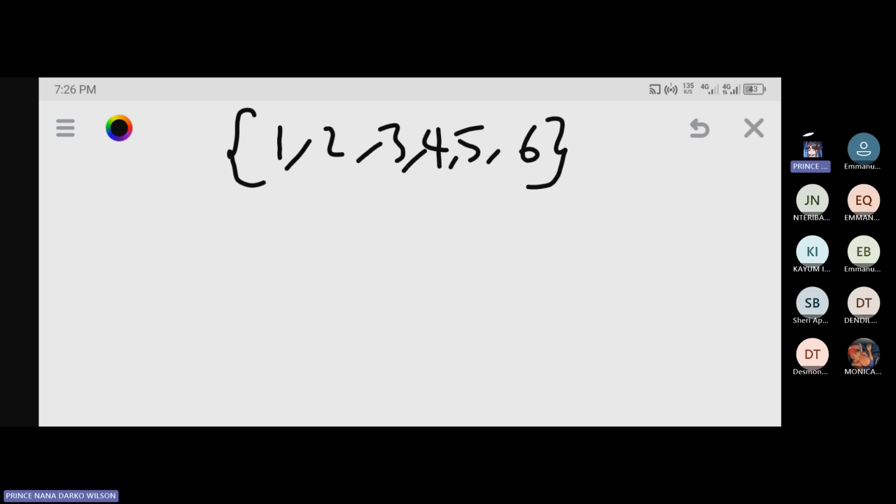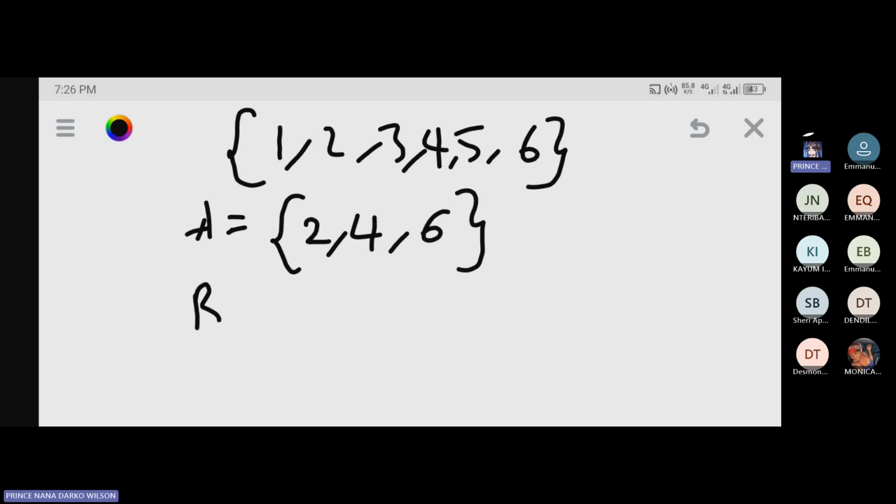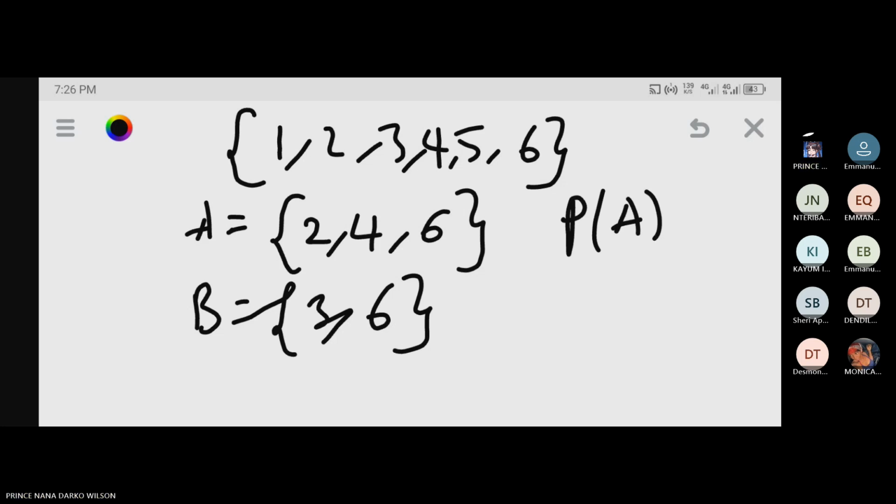Now let's say A is a set of even numbers. From the face of the Ludo die, we are going to have 2, 4, 6. And B is a set of multiples of 3. So then we are going to have 3 and 6 on the face of a Ludo die. If we are supposed to calculate the probability of event A as well as B occurring at the same time when we do a picking, the sample space we are going to have is going to look something like this.